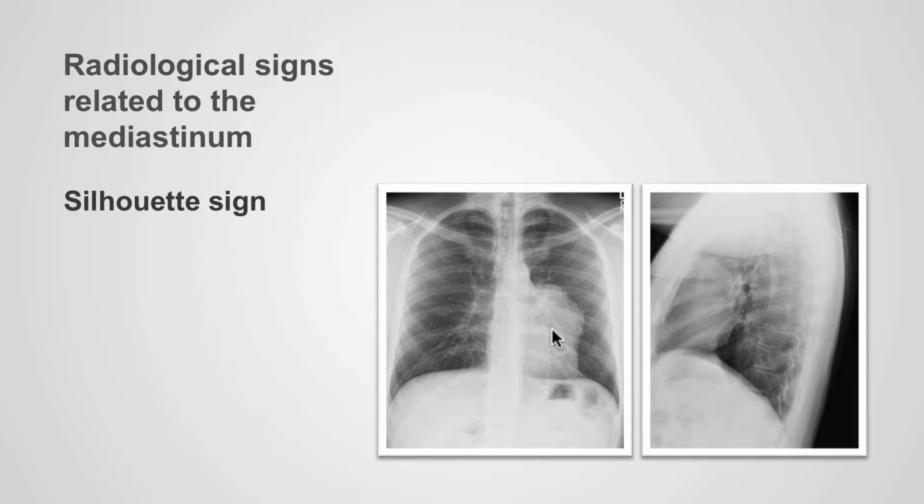If the mass is obscuring the contour of other normally visible mediastinal structures, then it can form the silhouette sign. Here, the mass within the anterior mediastinum is causing loss of the normal left cardiac contour.